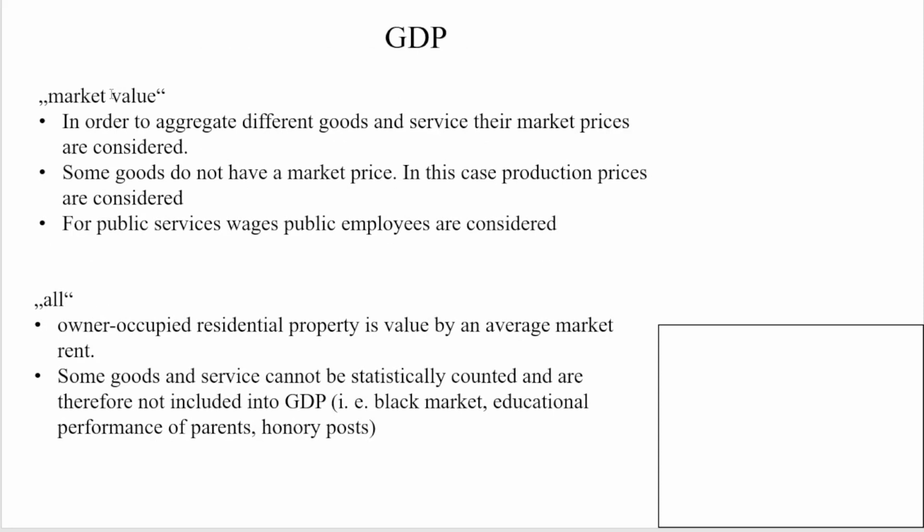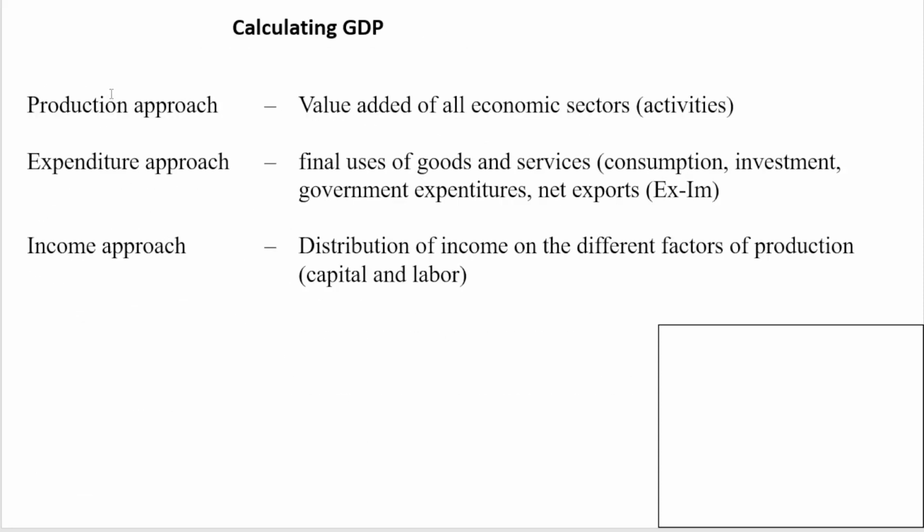So what is gross domestic product? Then the production, expenditure, income approach. GDP, sorry, I'm in German. Production, expenditure, and income approach.